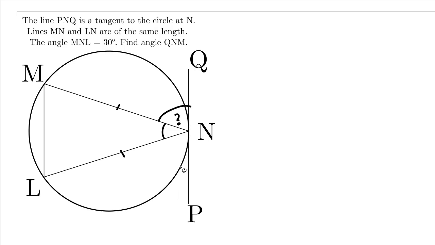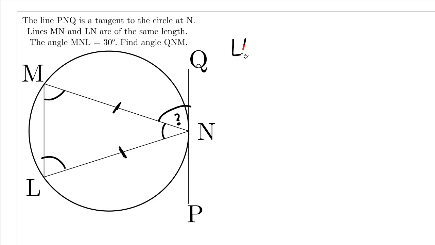So, to solve this question, what we have to realize is that the triangle MNL here is an isosceles triangle, because these two sides are of the same length. If this is an isosceles triangle, these two angles here are equal, and because it's a triangle, the three angles add up to 180.